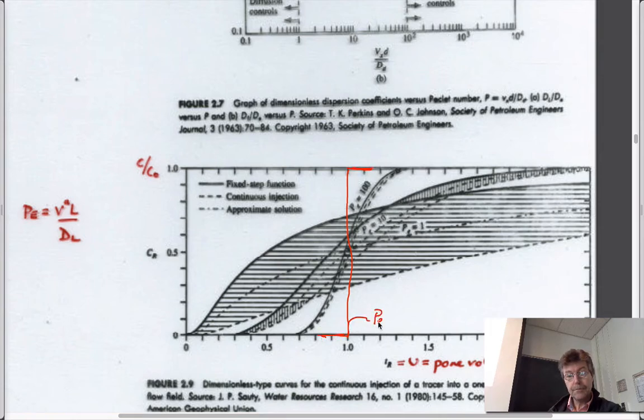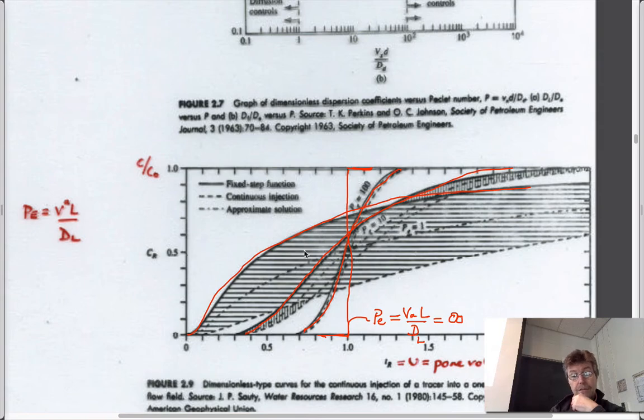So this is Peclet number, which is what? Advective velocity times the length of the core divided by dispersion coefficient. Infinity in this particular case. And as it gets progressively smaller, 100 we said, 10, and 1, I think, in this case.